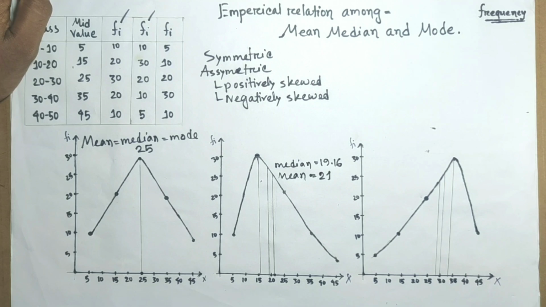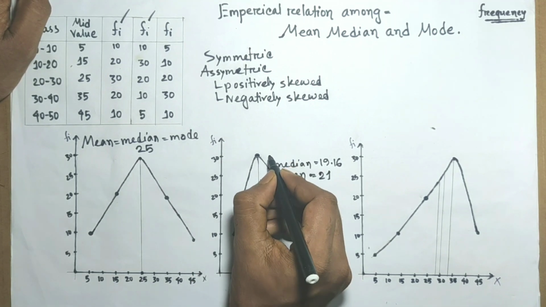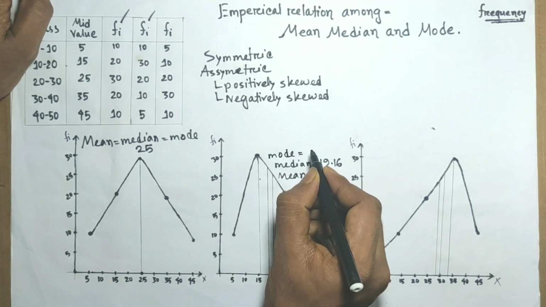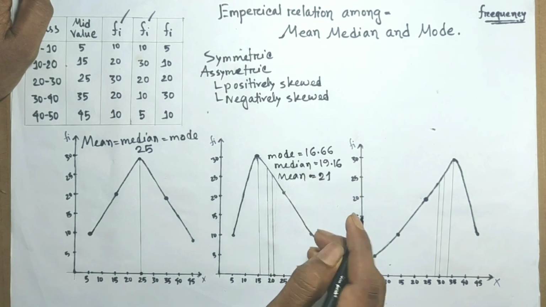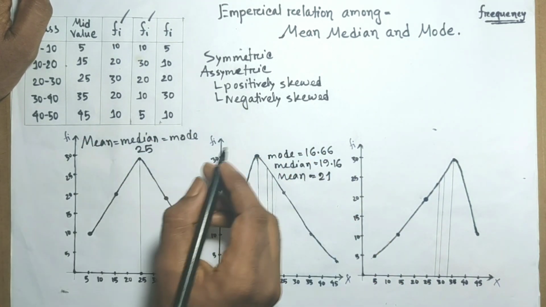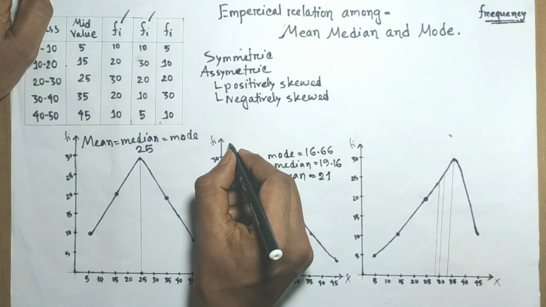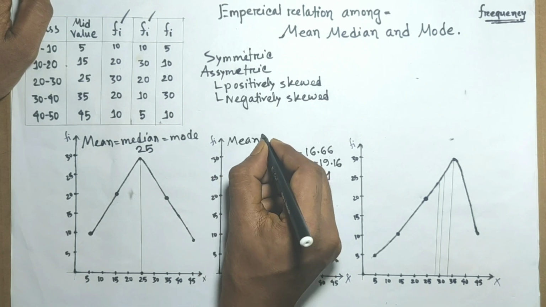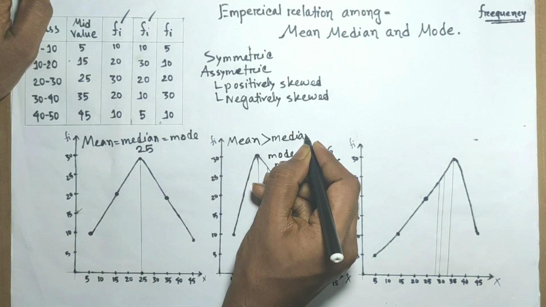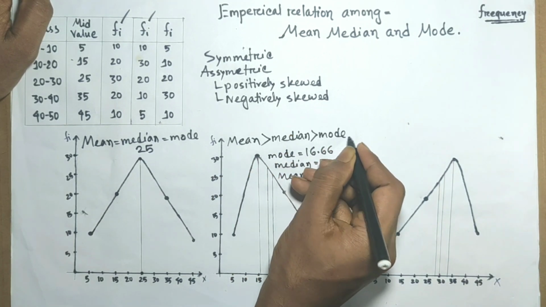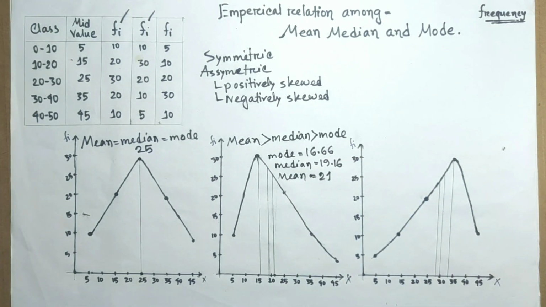I have already measured these to keep this video short. If you compare the central tendencies, you can see the mean is greater than the median, which is also greater than the mode. So remember, when the mean is greater than the median and the median is also greater than the mode, the skewed curve is known as a positively skewed curve.